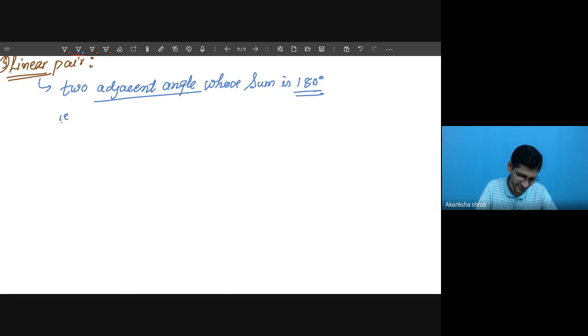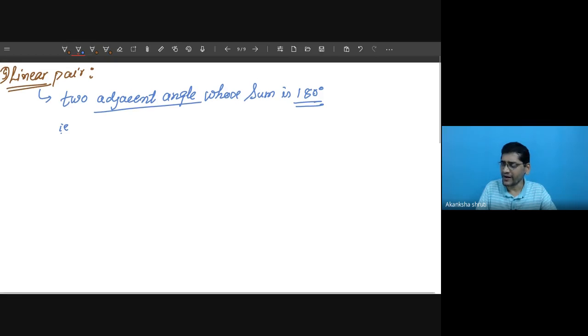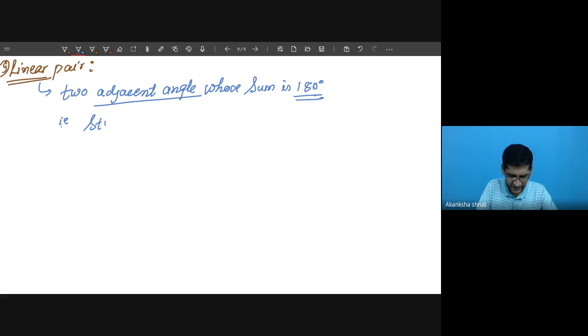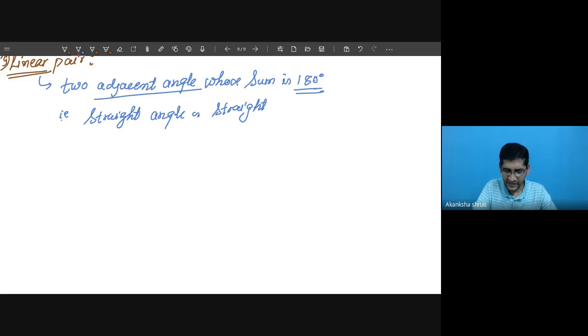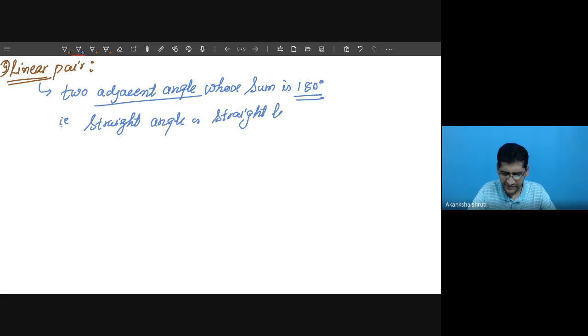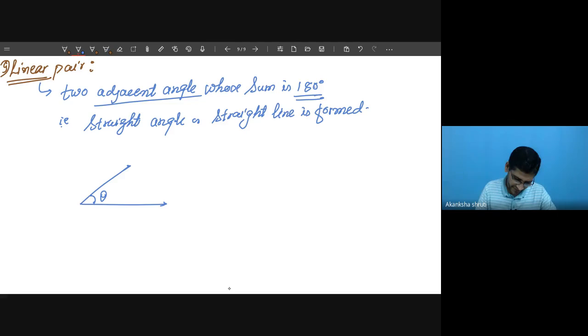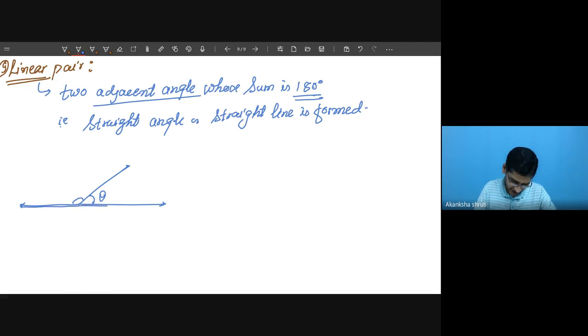That is, the addition of these two angles forms a straight angle, or a straight line is formed. Means what? If you have this angle as theta, then the other angle should be so big that it becomes a straight line.